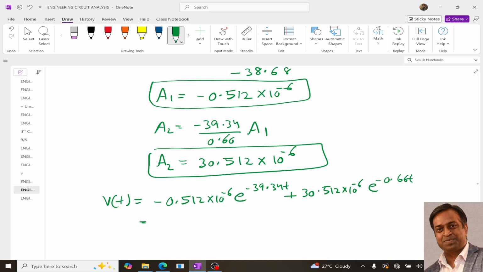This 10 power minus 6 is volt, so it can be taken as common to get VT equals minus 0.512 e power minus 39.34t plus 30.512 e power minus 0.66t microvolt.